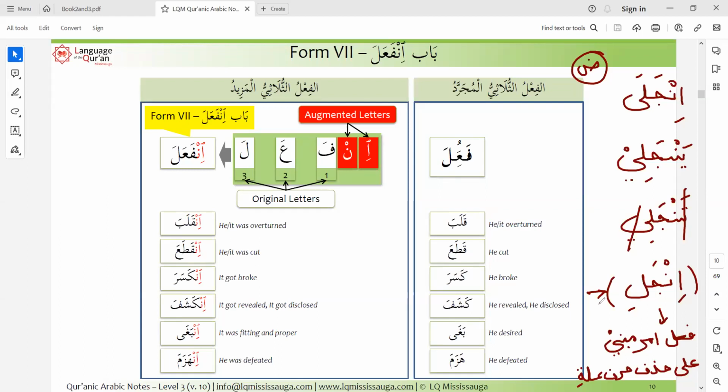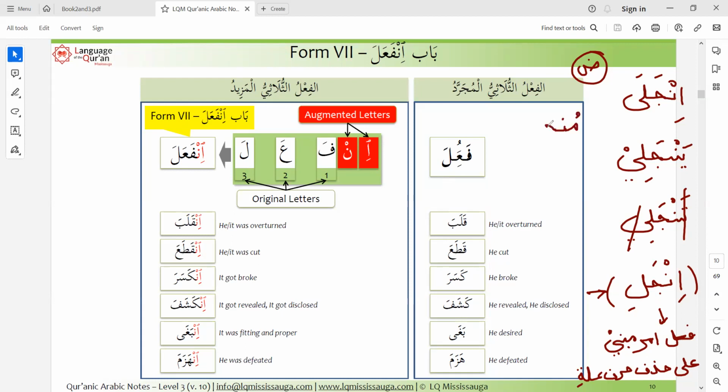Injaliya, and then injalna. Injalu for ghaib mudhakkar jam. And I will again ask you to go back and see this isnad of bab daraba naqis, for example, baka yabki. Injala yanjali is similar.